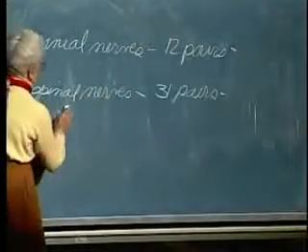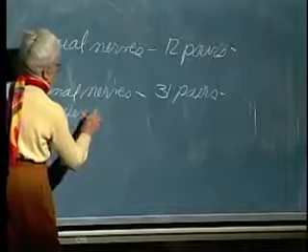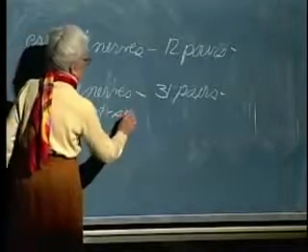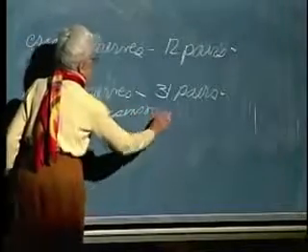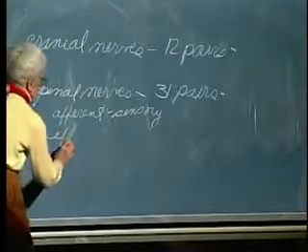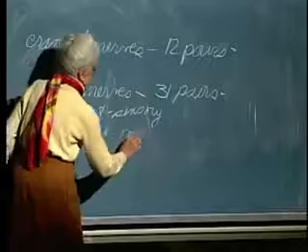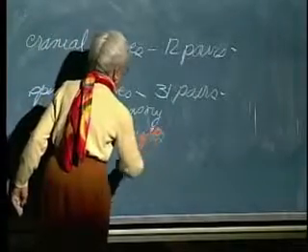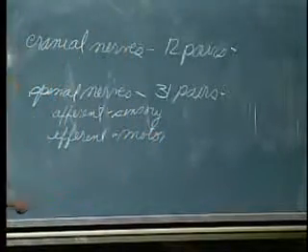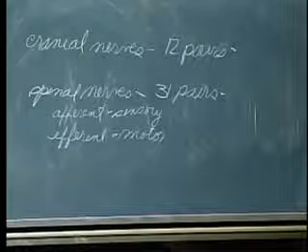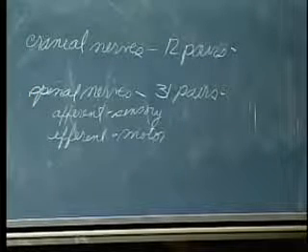So with our spinal nerves, we're going to have both sensory and motor components in a nerve. We call these afferent, that will be sensory, and efferent, these will be motor. And so all spinal nerves have an afferent and efferent component.